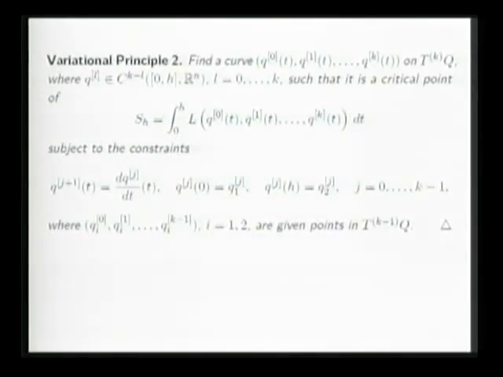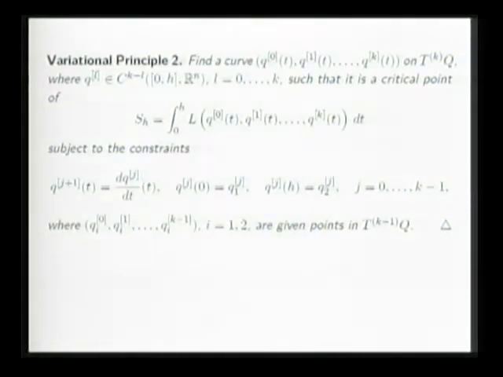And so we get this new variational principle, which is finding a curve on T^kQ. Here we have these constraints: we say that each curve is the derivative of the previous one. And you have your action here and your boundary conditions, which were the given values for the derivatives of your curve q.